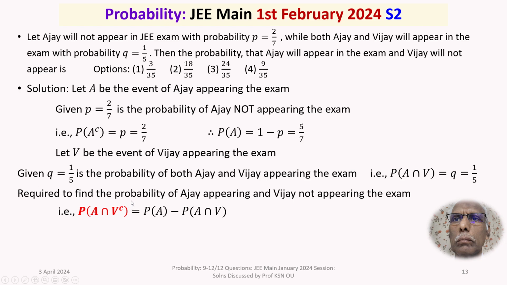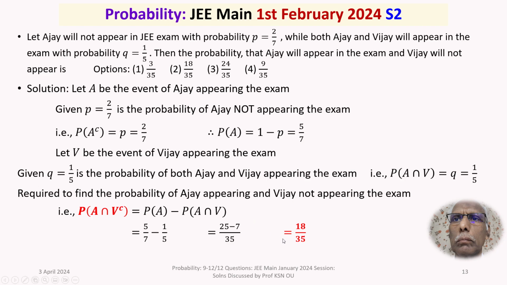And you can use your knowledge of set theory also here. Probability of A intersection V complement is probability of A minus probability of A intersection V. Right. Probability of A is 5 by 7. Probability of A intersection V is 1 by 5.